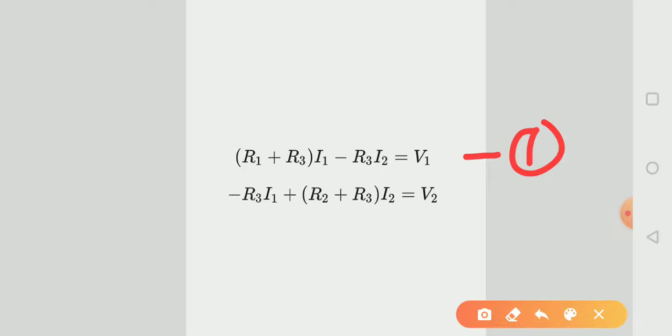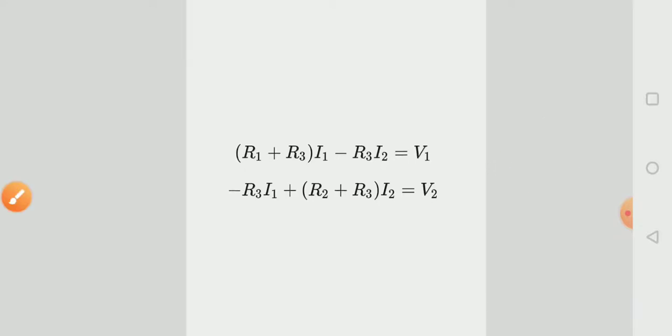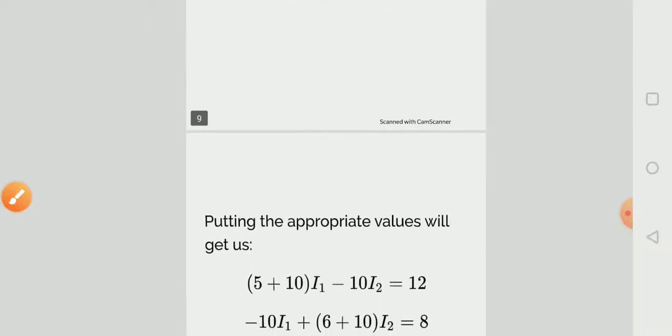And the second equation becomes minus R3 into I1 plus (R2 plus R3) into I2 equal to V2. These are two equations for this circuit.